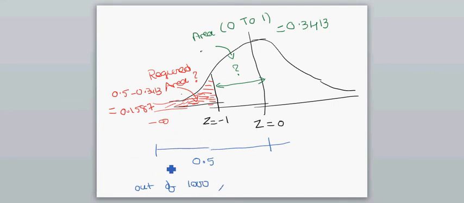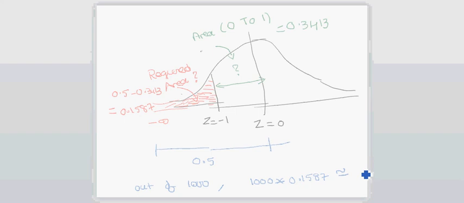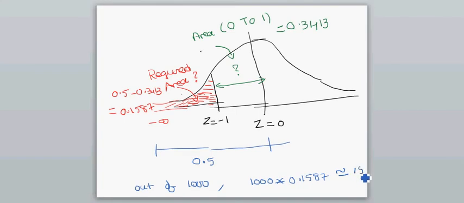In this case, you need to multiply this probability value with the sample size, 1000 times 0.1587, which is approximately 158.7, or 159 students who will have marks less than 65.